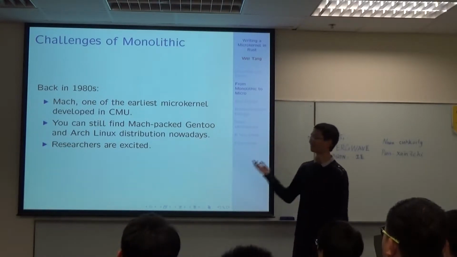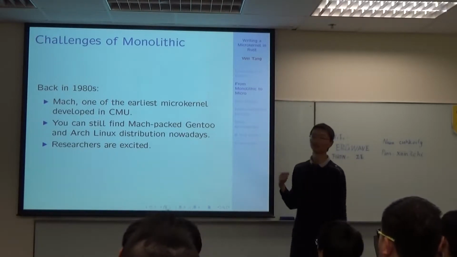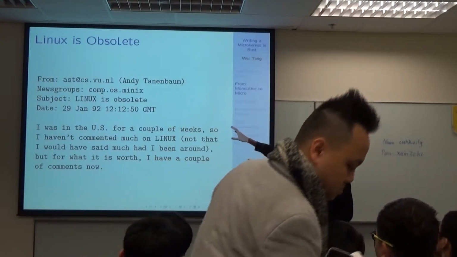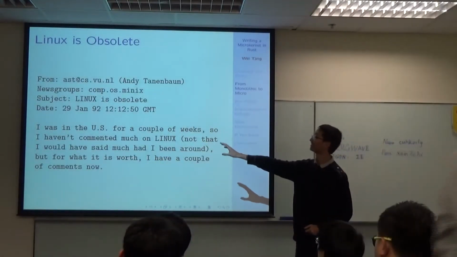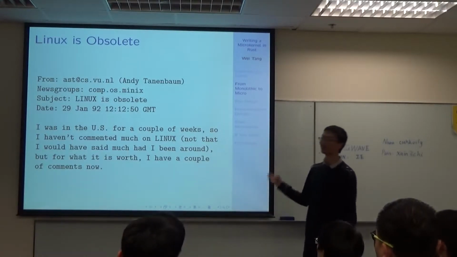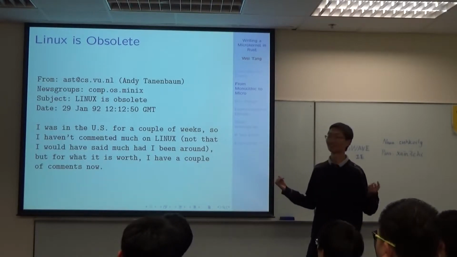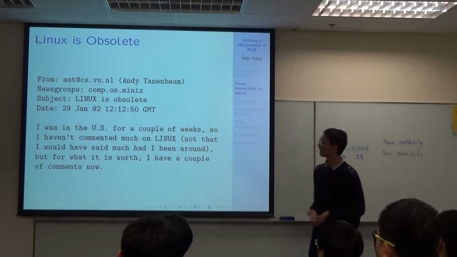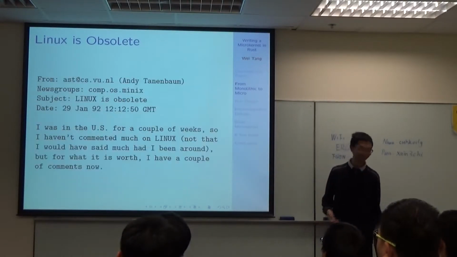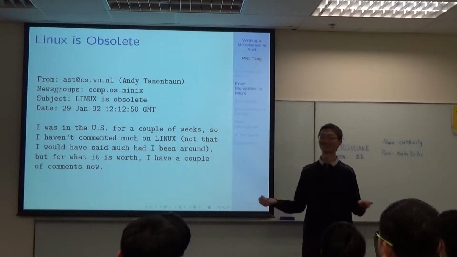And researchers were pretty excited about those kinds of microkernels. Actually, at that time, in the 1990s, you could hear some voices saying Linux is obsolete. They think Linux is a monolithic kernel, and it is basically not really exciting to talk about.